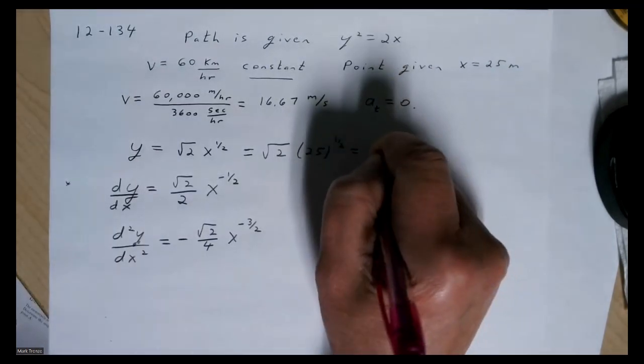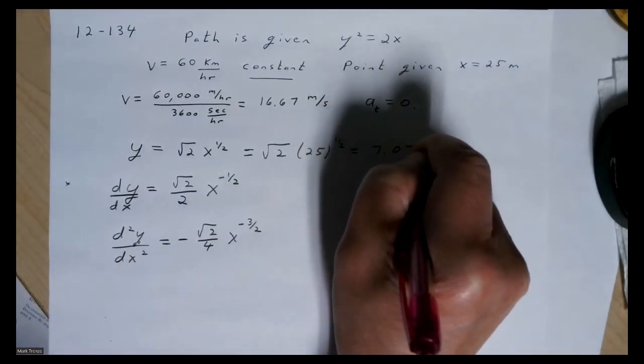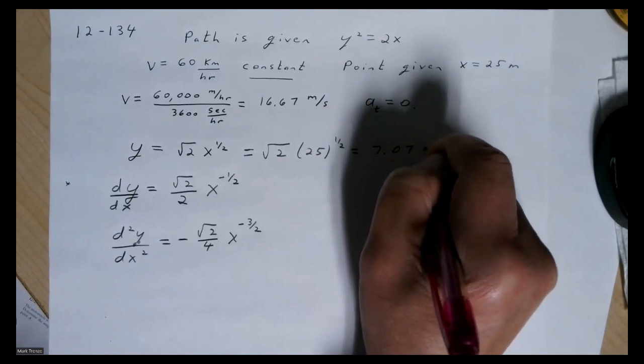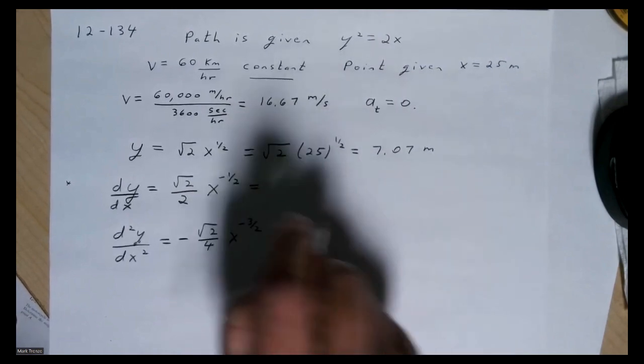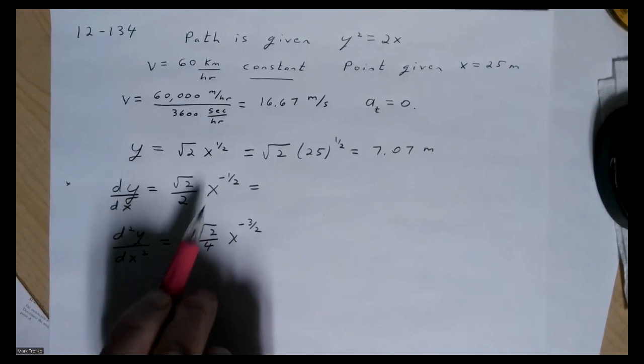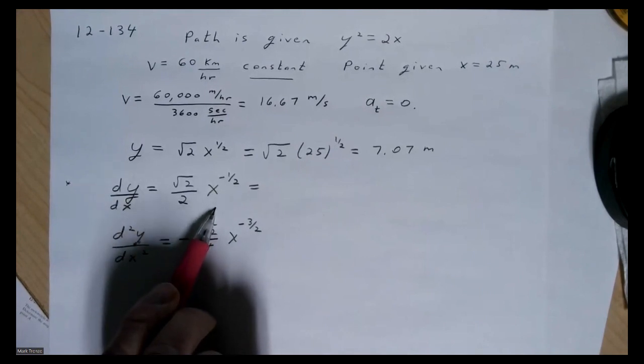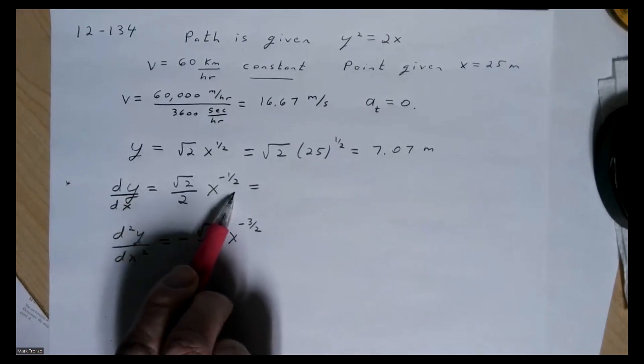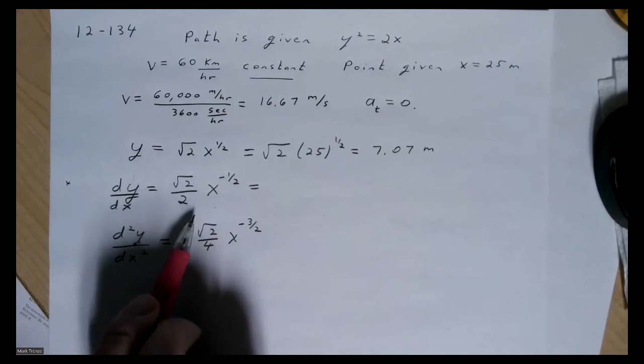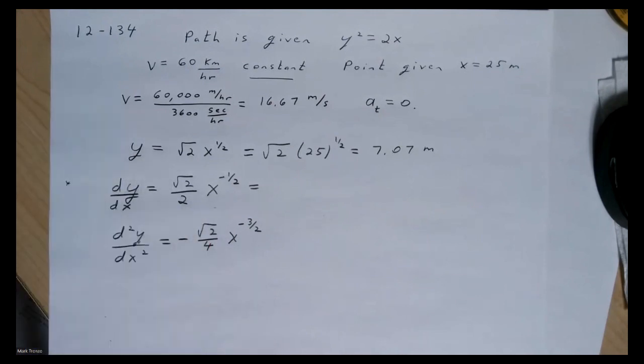That gives us 7.07 meters. And do the same thing over here. That's going to end up going in the denominator. That'll be the square root of 25 in the denominator, which is going to be 5. And then times 2, and then divide it into the square root of 2.